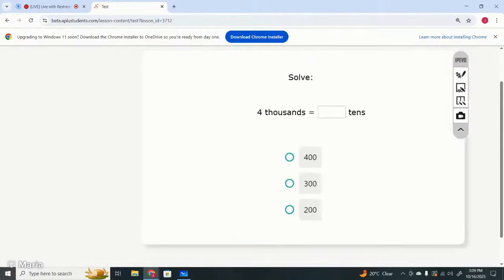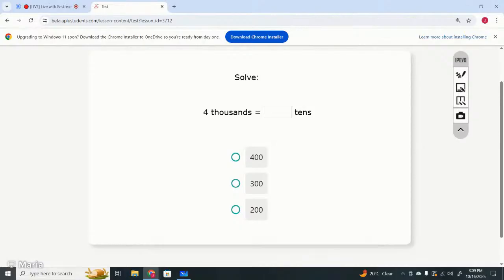Option number 1 is the correct option. 4,000 equal how many tens? 4,000 equal 400 tens. Option number 1 is the correct option.